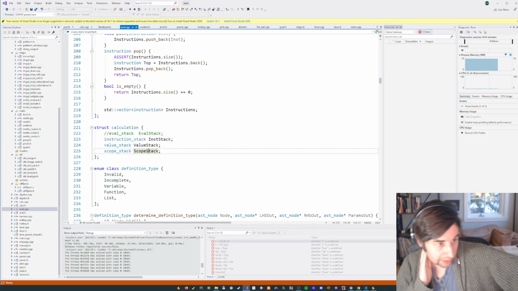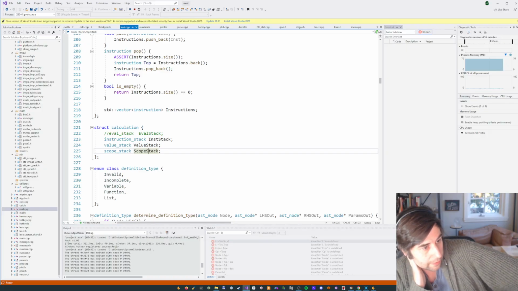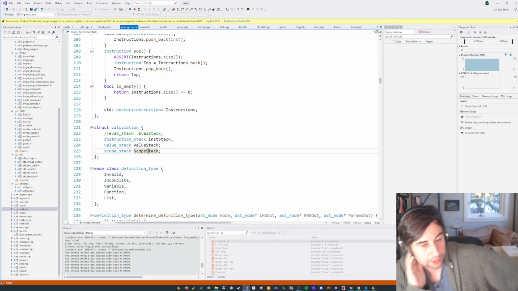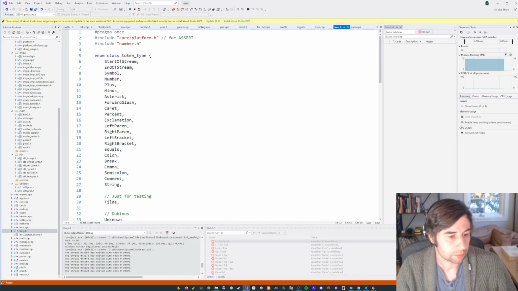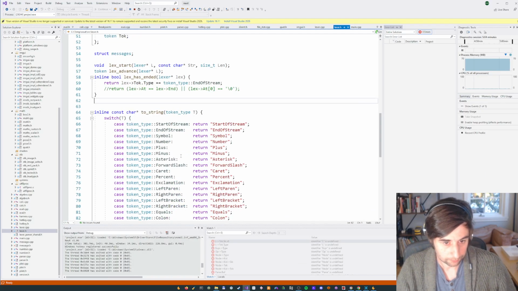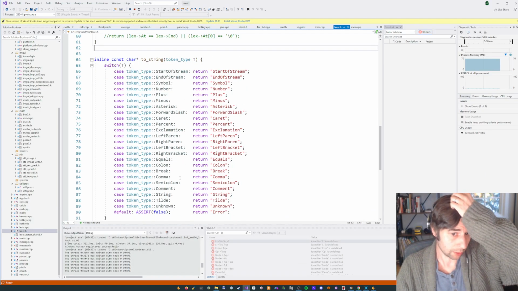The reason I split lexing and parsing, Valigo, is, I don't know why I did it. Honestly, just because it makes the files smaller. The grammar's pretty simple, yeah.